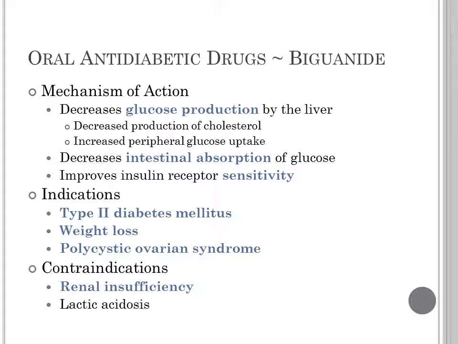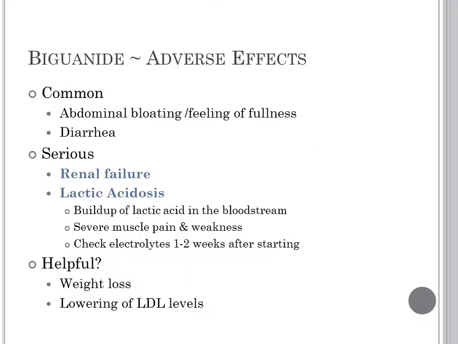The next one is going to be if a patient has lactic acidosis, and we'll talk a little bit more about that in a few minutes, but if they're already in an acidic state, this drug will make it worse. And then the same thing with alcoholism tends to not play well with this medication. Not that they can't drink at all, but if they've been a chronic alcohol patient and they're coming in with decreased liver functioning and some other issues, it just doesn't work well with this type of medication.